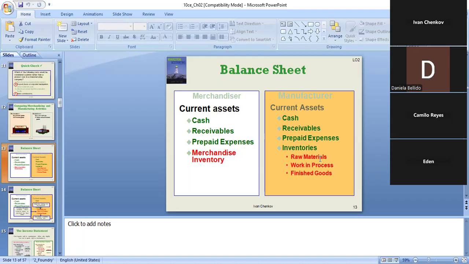They're going to have a raw material account, a work in process account, and a finished goods account. So in order to find out how much is the cost of goods sold, we have to sell the finished goods.